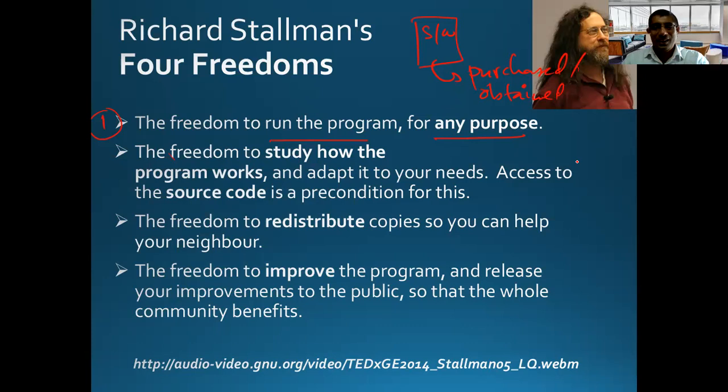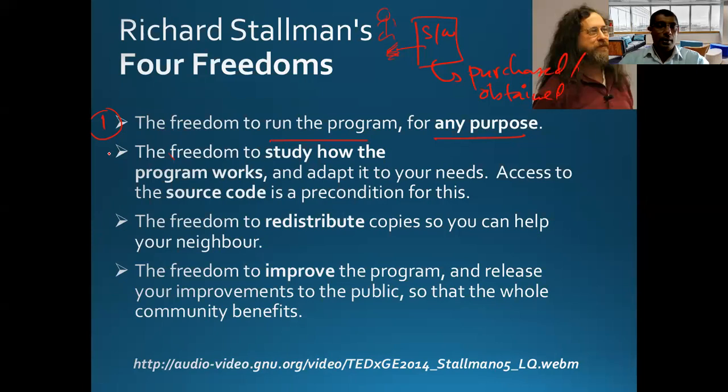Then Bill Gates could sue you, because the license agreement says you are not supposed to do that. Even to create a bomb, if you can use MS Word, then it can't be helped. That is all up to the individual who acquired that software. So the first freedom is that no one can dictate how you use the software once you acquire it.